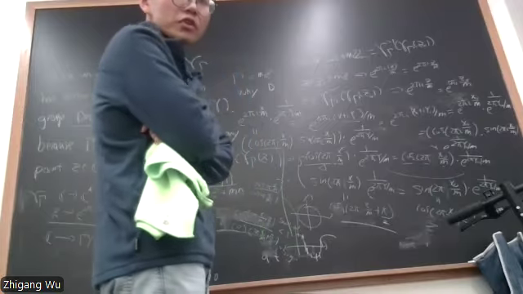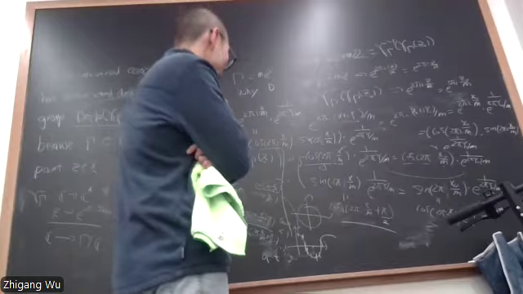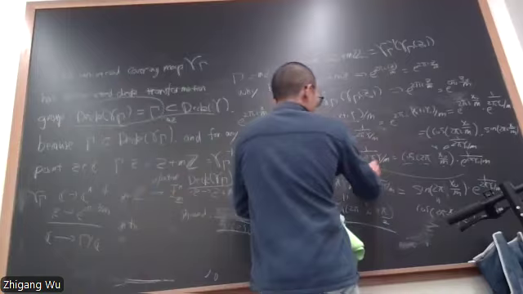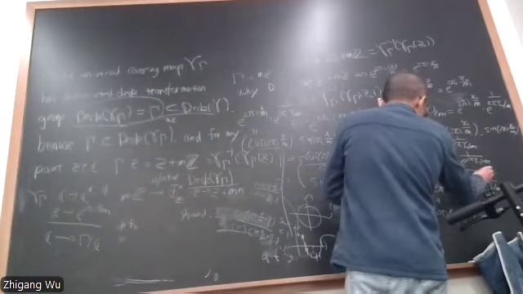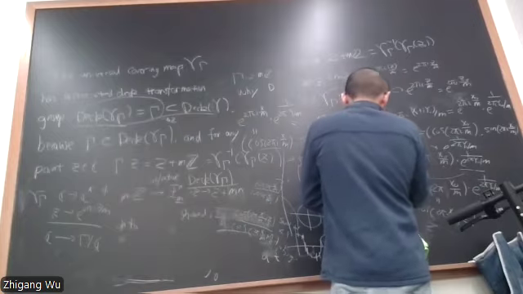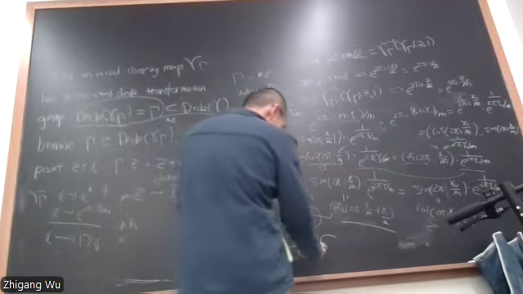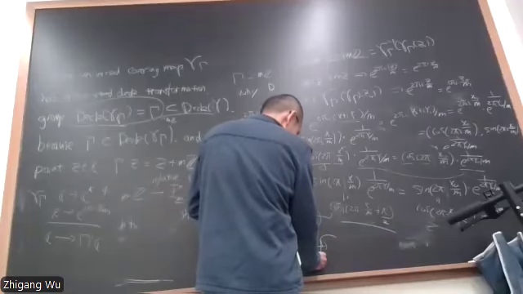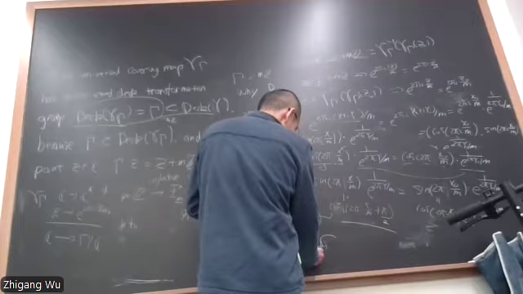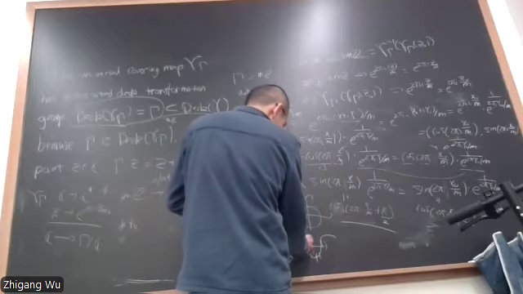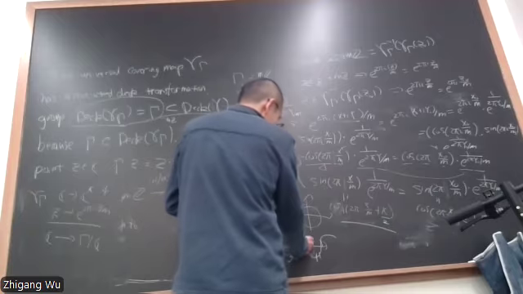I think the ratio couldn't be negative, because this is positive and this is also positive, so their ratio cannot be negative. Therefore you cannot start here. What about the center point, zero?